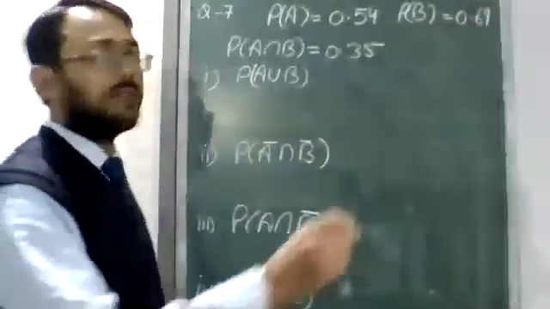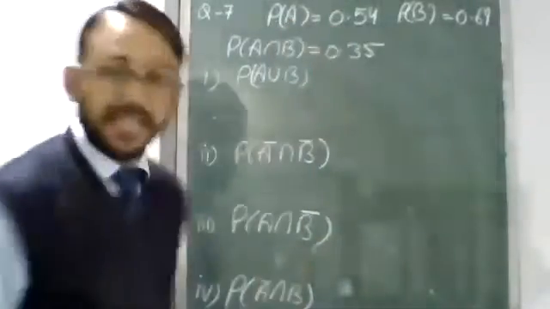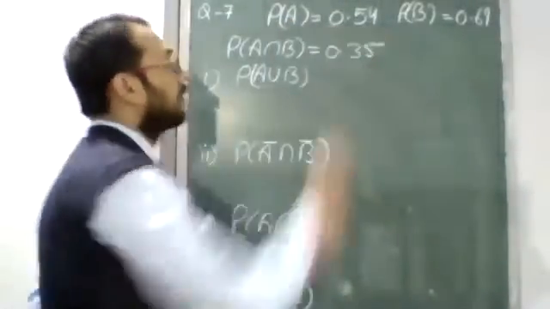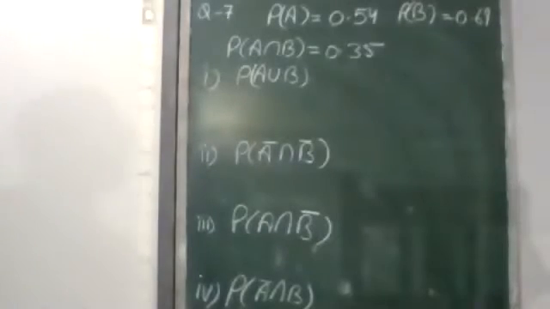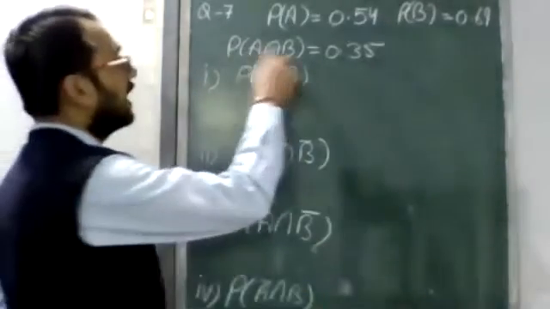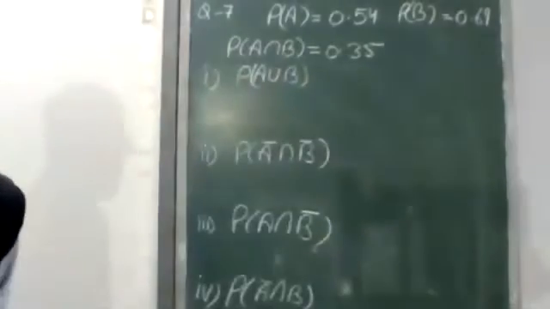See, now question number 7: the probability of happening of the event A is 0.54, the probability of happening of B is 0.69, and the probability of A intersection B is 0.35.